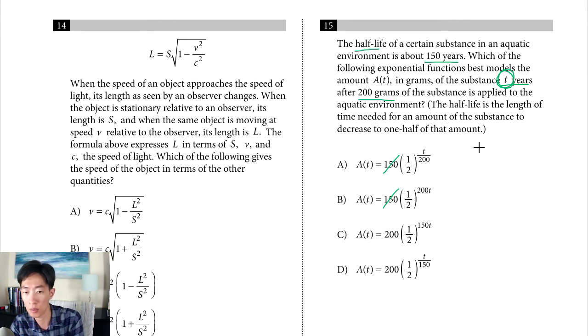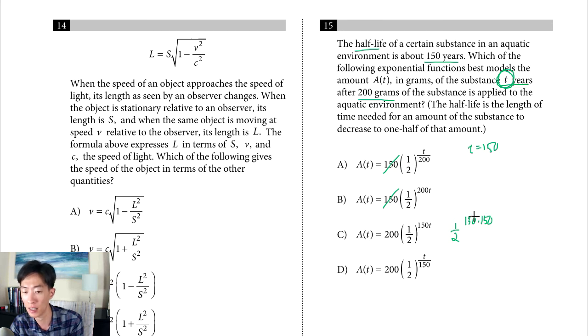So we're going to assume first t is equal to 150. When t is equal to 150, we have 1/2 to the 150 times 150. Now that's going to give us a really big exponent, which means that we're multiplying by a half a lot of times. The result is that 200 is going to be reduced by way more than a half.